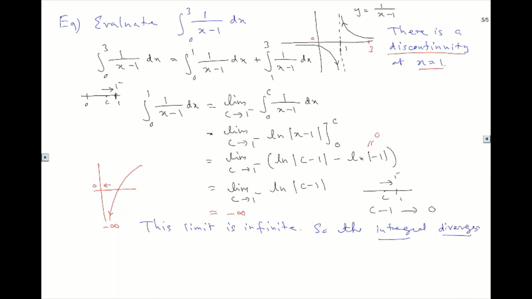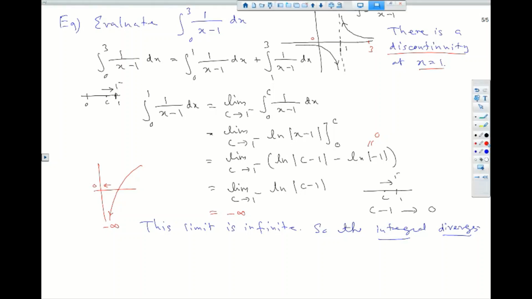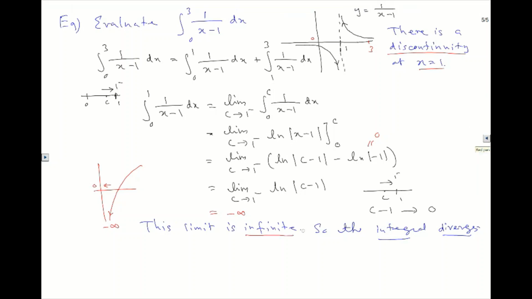So if one integral diverges, you don't want to do the other one. So you only need to do one of them. So if you figure out that at least one of them diverges, you can stop right there. The reason is if one diverges, the whole integral diverges according to the definition. So you only need to do one of them.